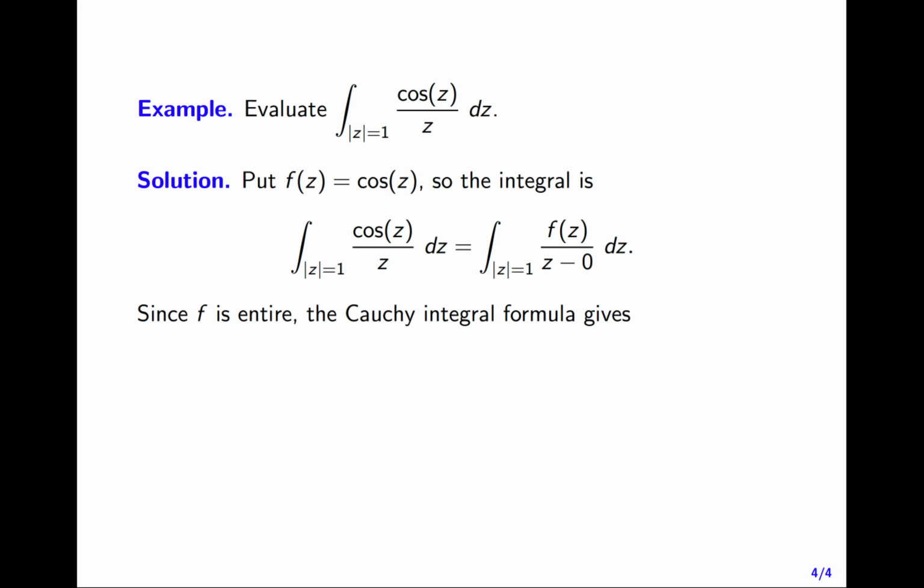So this second integral we can evaluate with the Cauchy integral formula. It's 2 pi i times f of 0. What's f of 0? f is cosine, so f of 0 is 1. And so this integral becomes 2 pi i. And I claim that trying to do this integral by definition would be singularly nasty, and independence of path simply doesn't apply here, so we use the Cauchy integral formula.